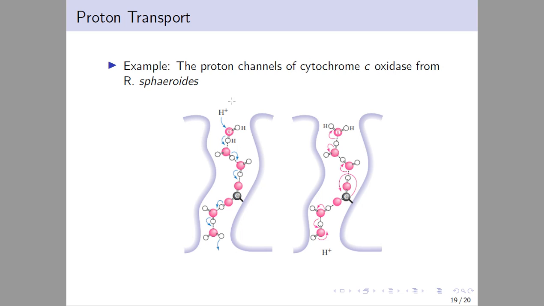But here we can see that H plus moves from this oxygen, from this C to this C to this C to this C to this C to this C. So let's say this is our sensor, and this is our brain. So the information is moving from here to here through this proton channel. These are the membrane and the protein.